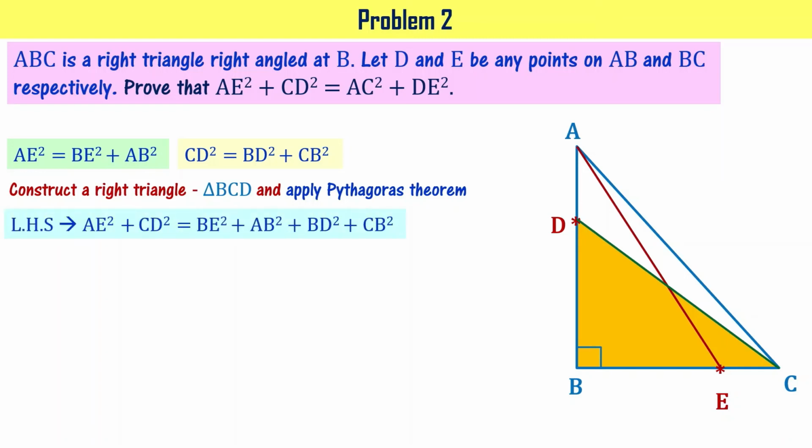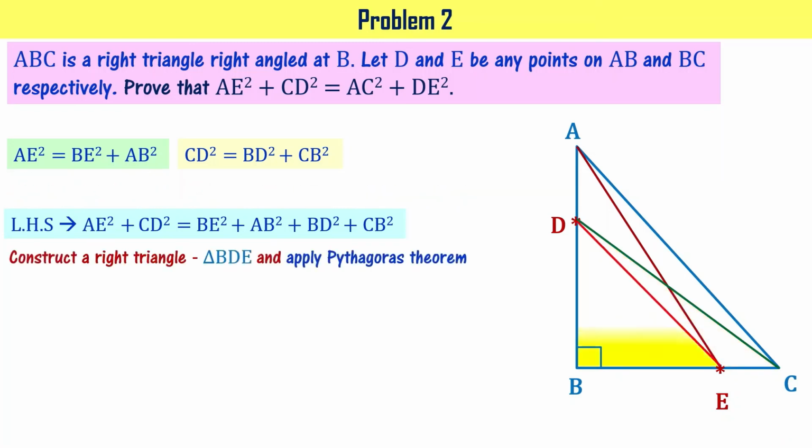Let's write LHS of that, that is AE square plus CD square, right? We have got already the expressions for AE square and CD square, right? Let's substitute those two so that now AE square plus CD square can be written as BE square plus AB square plus BD square plus CB square, right? Now let's construct another right triangle, that is triangle BDE as shown in the figure, and apply Pythagoras theorem.